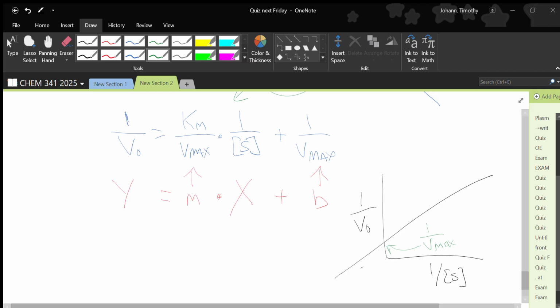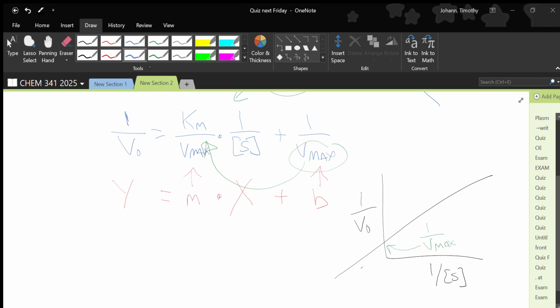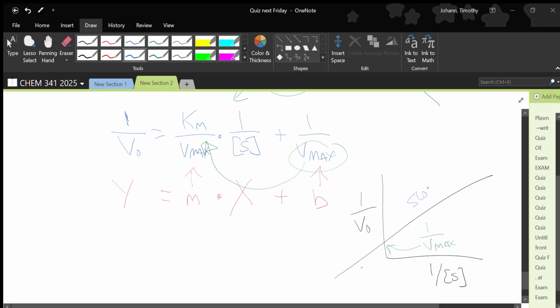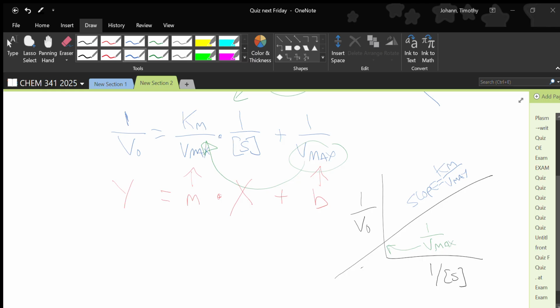And if I know what my Vmax is, what can I figure out from that? The slope here is going to be equal to my Km over my Vmax. Okay, and so if I can figure out my Vmax from my intercept, then I can use the slope and my Vmax to figure out what my Km is. And now I figured out how tightly something binds, because it's like a dissociation constant.